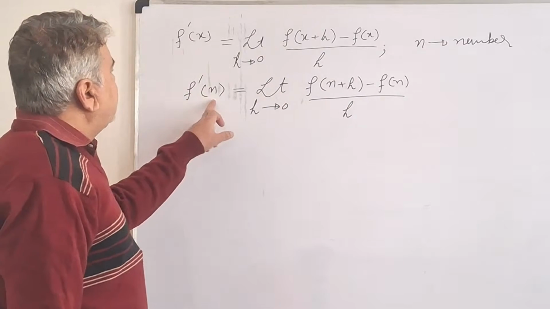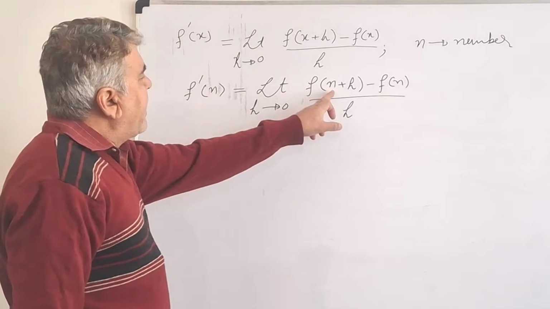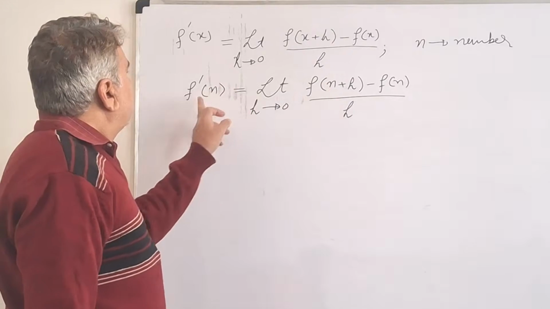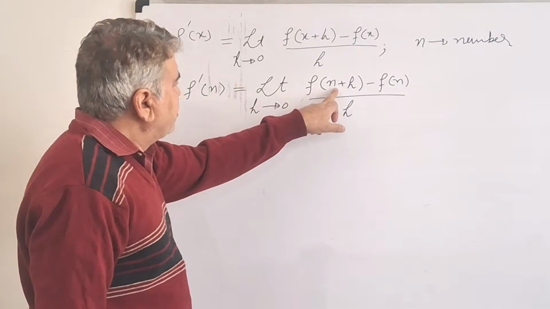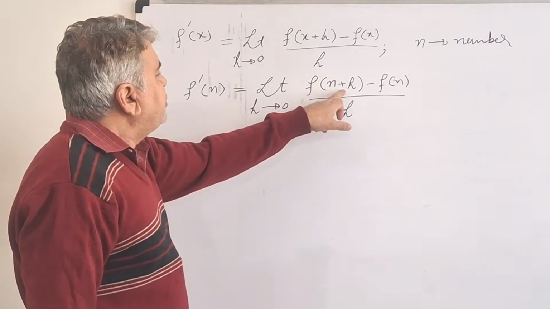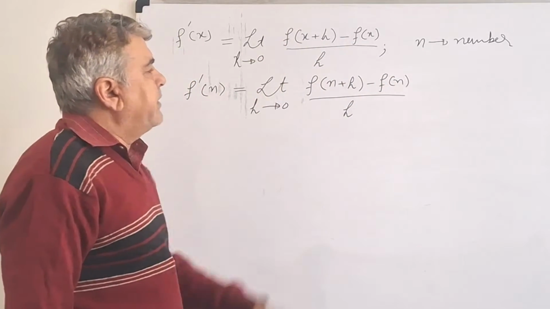So to find the derivative at number n, we first need to find the function at a number n plus h, and then the function at number n.